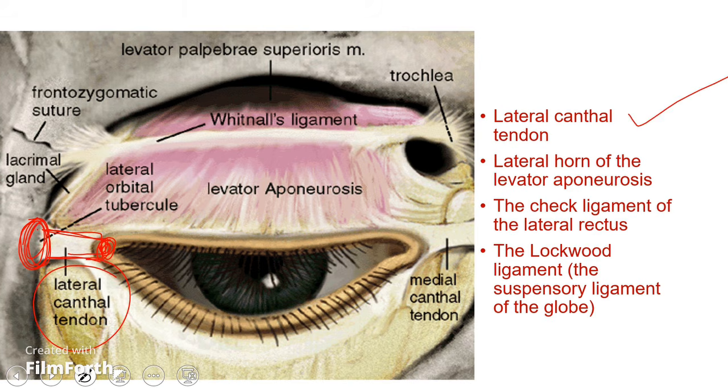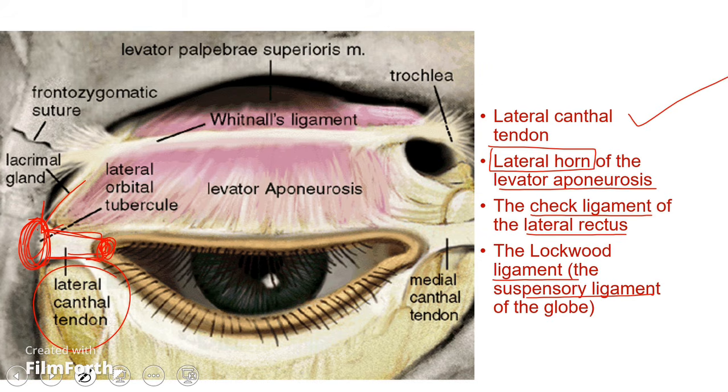Now the levator will also have the aponeurosis. It will have a medial attachment and a lateral attachment. The lateral attachment is called the lateral horn of the levator aponeurosis, and that is also attached to the Whitnall ligament. Apart from that, you have two more things, the check ligament of the lateral rectus and the Lockwood ligament or the suspensory ligament of the globe, which is not shown in this diagram.